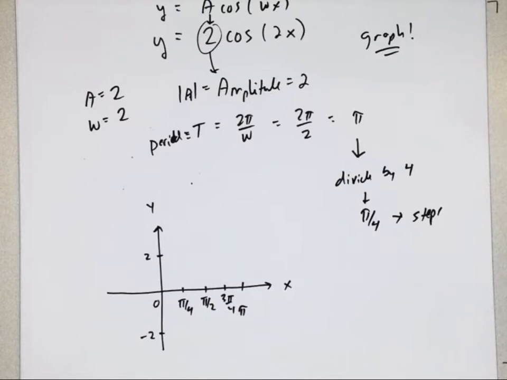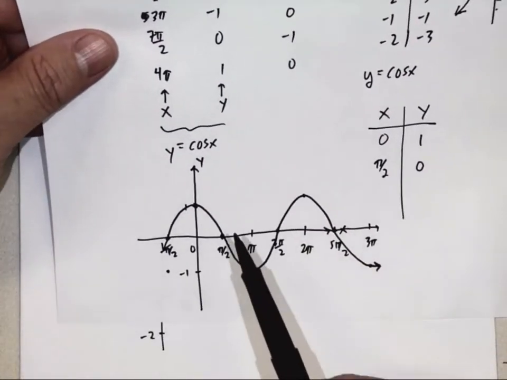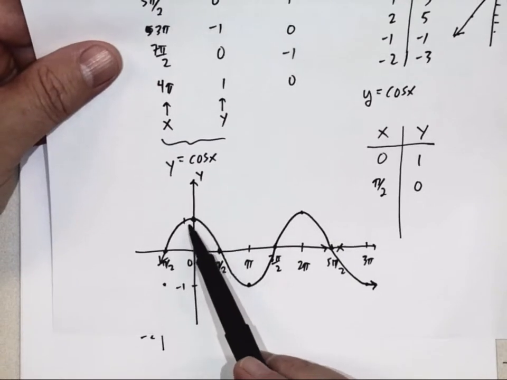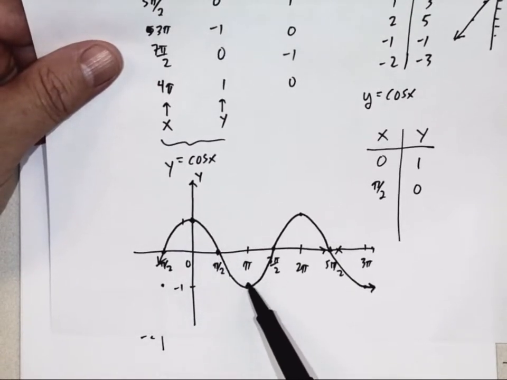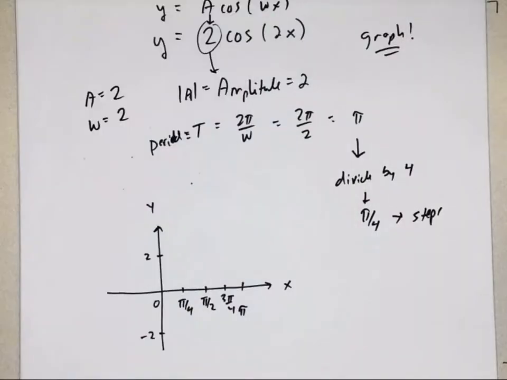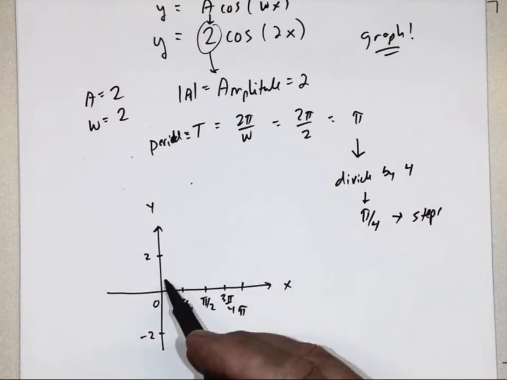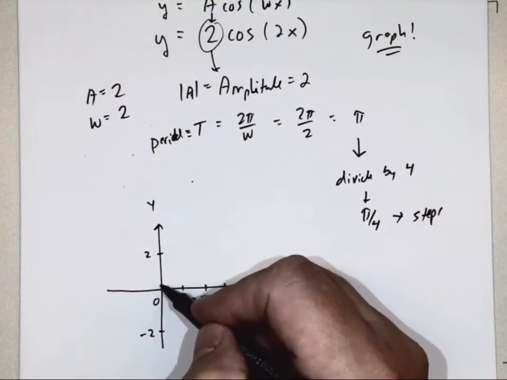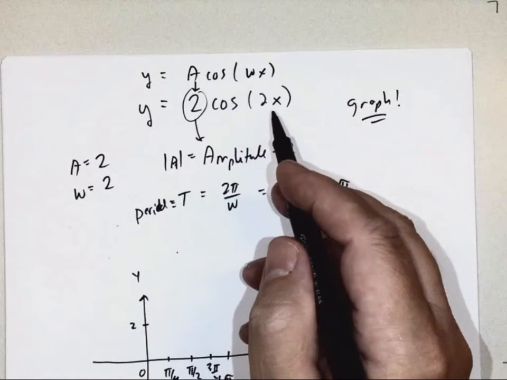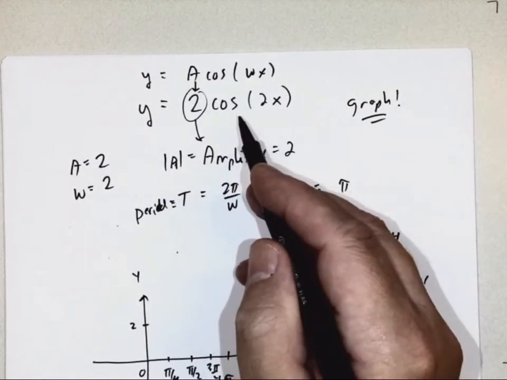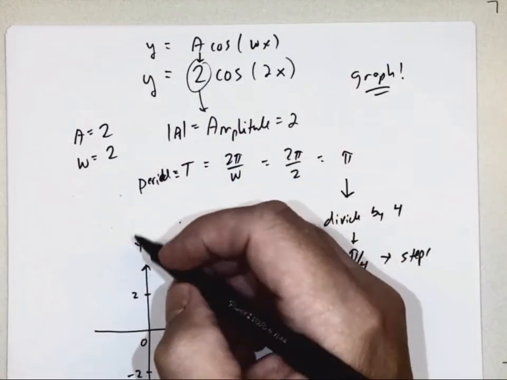So since it's a cosine, remember when I first did the cosine graph? Cosine always starts high, it goes low, then comes back high. If I put in 0 for x, cosine is 1. That whole thing is just 2.